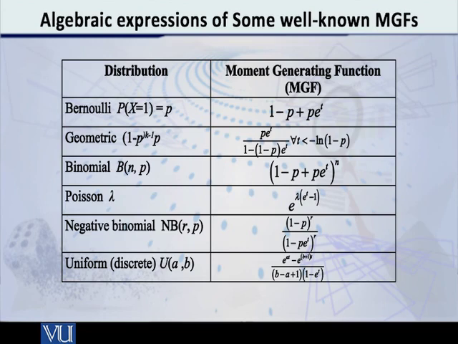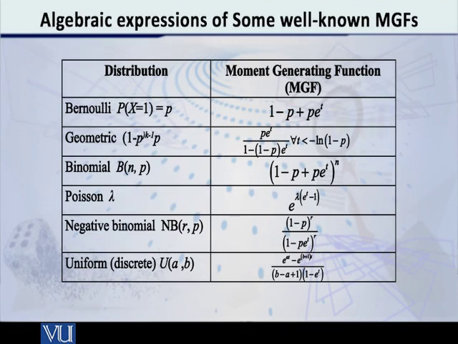As you can now see on the screen, it is q plus p e raised to t, and this entire expression raised to n. अब फिर देख लीजिए कि इस एक्सप्रेशन में भी अगर आप n को 1 कर दें तो आपको एग्जैक्टली वो एक्सप्रेशन मिल जाता है जो कि बर्नूली डिस्ट्रीब्यूशन के MGF का है.